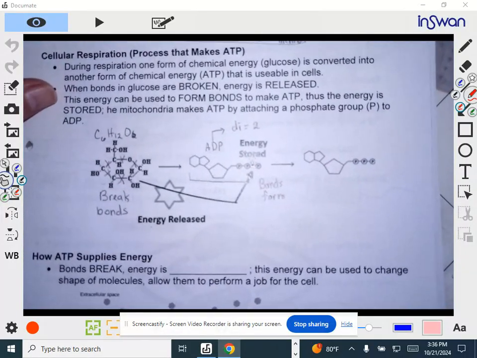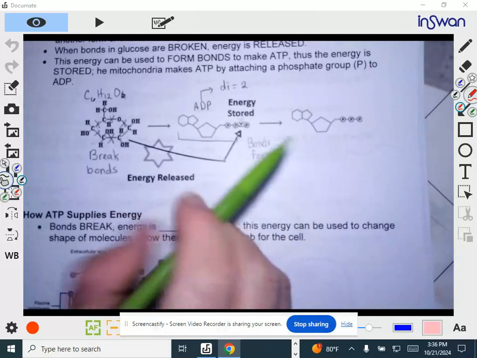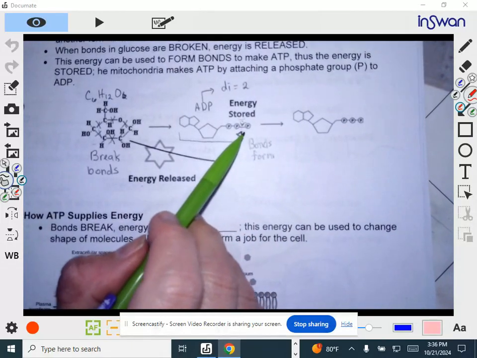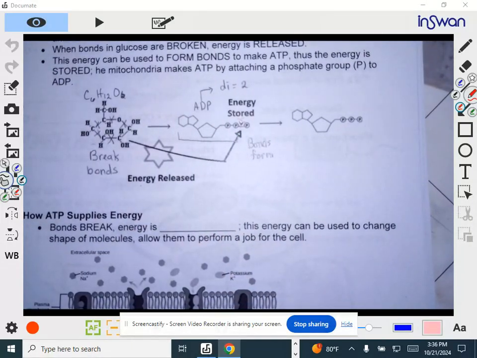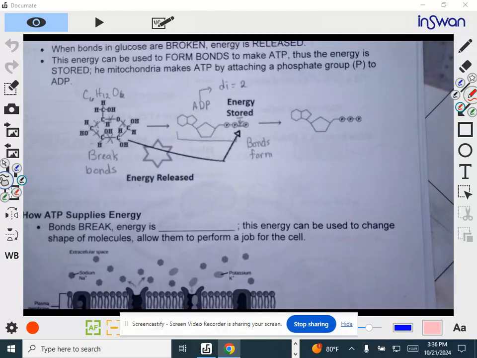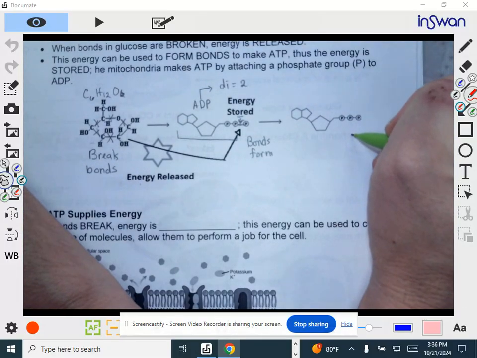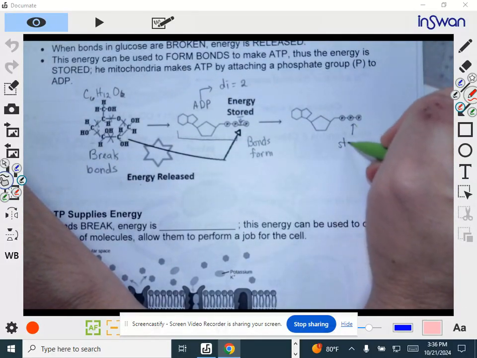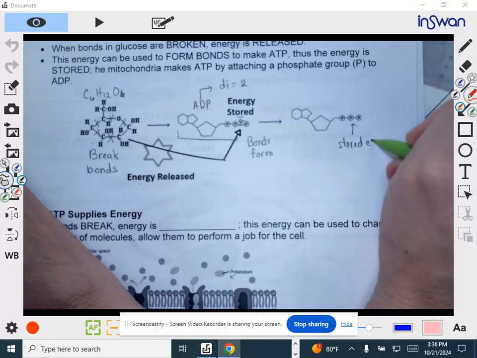Let me move this a little bit so that there's not so much of a glare. I'm just showing that energy is now stored in that bond that's formed. And now we have this ATP molecule. So right now this ATP molecule has stored energy in it. Stored energy is in that bond.